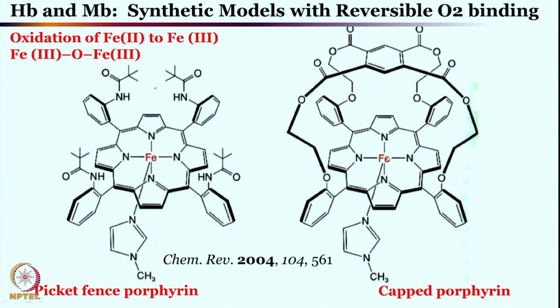So, this proximal site is blocked by the histidine and the distal site is open where oxygen binding can happen, and once oxygen binding happens, this intermediate, which is a very reactive intermediate, despite the high reactivity of this iron 3 superoxo, still does not really react with another equivalent of this molecule due to the steric hindrance or the bucket shape of these species, right.